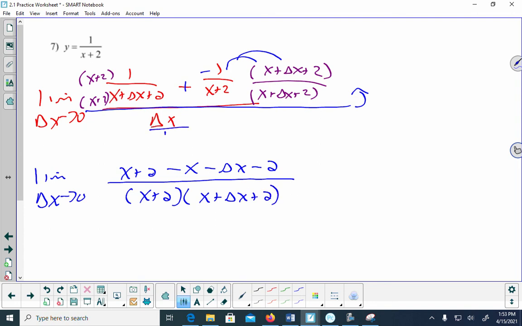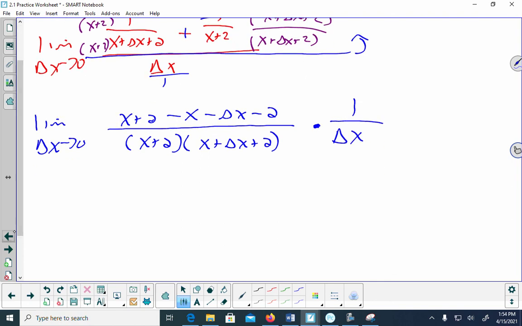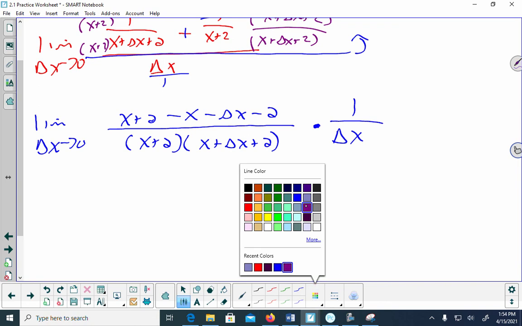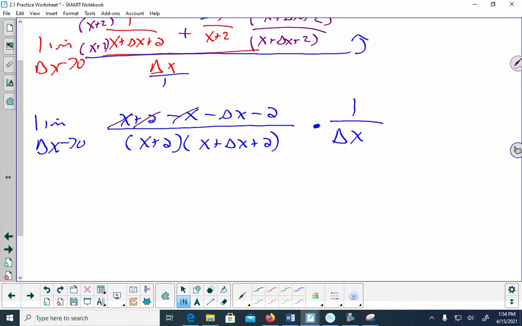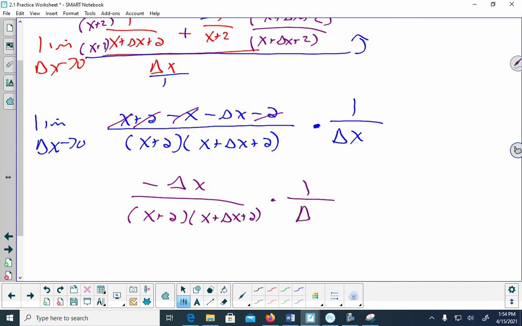And I'm dividing it by delta x over 1, so I'm going to think of that as multiplying by 1 over delta x. Remember, when you divide, you multiply by the reciprocal. So in the numerator, the x's will simplify, the 2's will simplify, and I'm left with negative delta x over this x plus 2, x plus delta x plus 2, and this is times 1 over delta x. And I'm still taking the limit as delta x approaches 0.